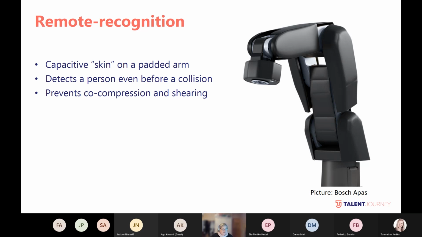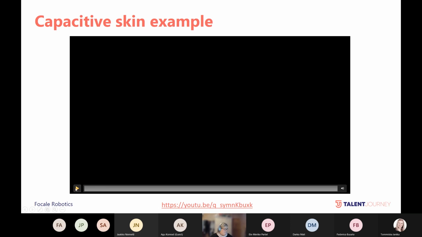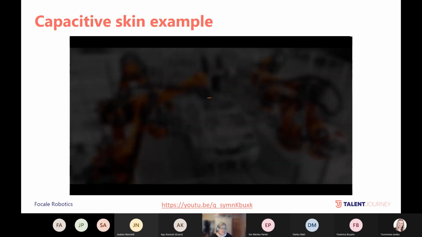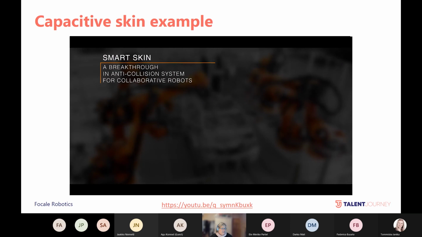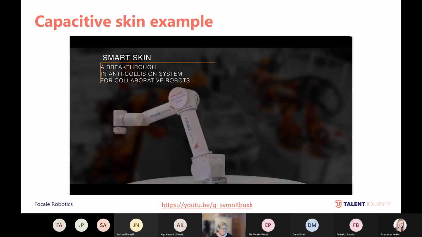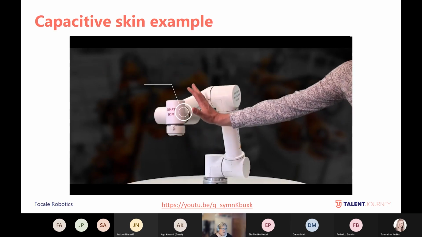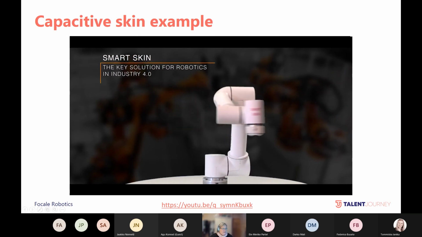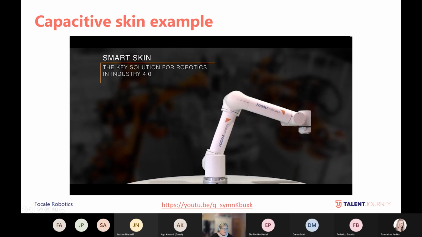In the second version, capacitive sensing is integrated into the robot. Let's look at an example of that. This company is making these robots with capacitive skin, and these are Universal Robots, and then they are making their own capacitive skin for the robot.